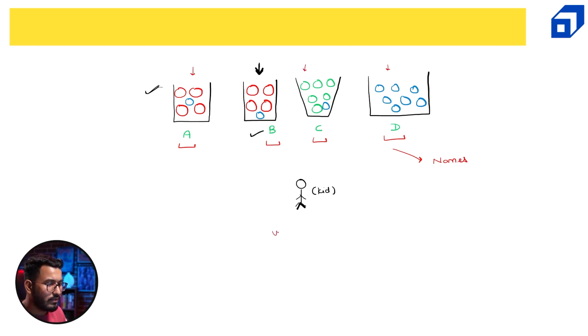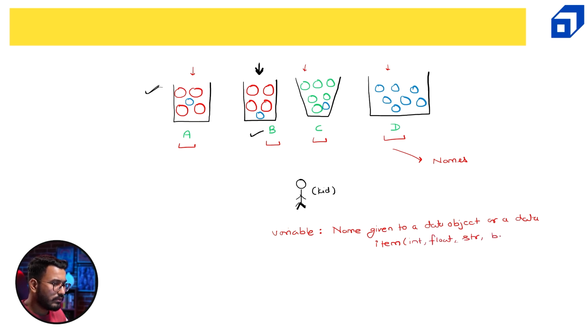So what is a variable? A variable is basically a name given to a data object or a data item. When I say data item, I basically mean integer, float, string, boolean, that basically act as a reference.